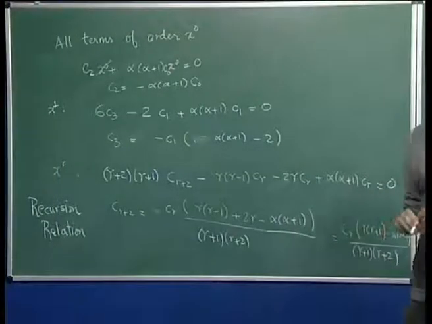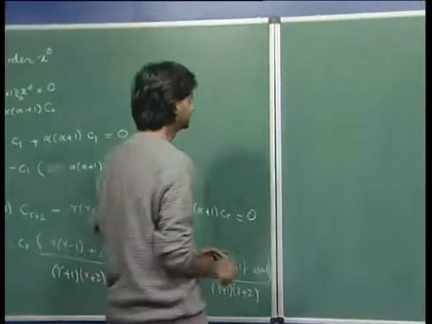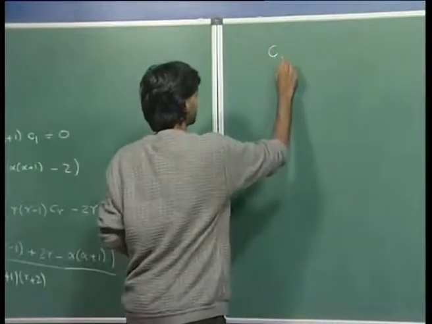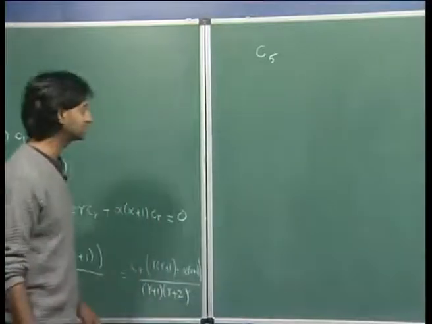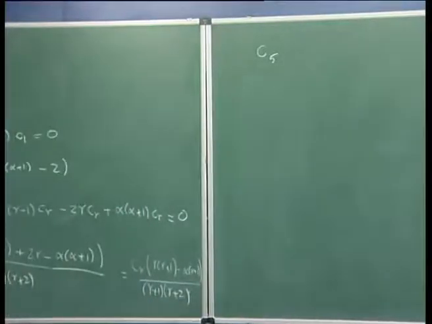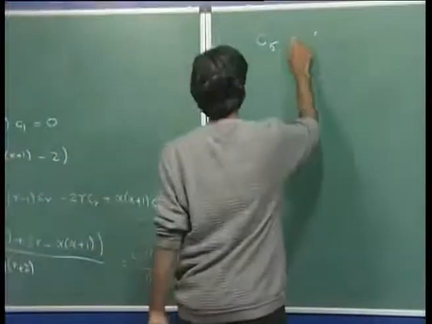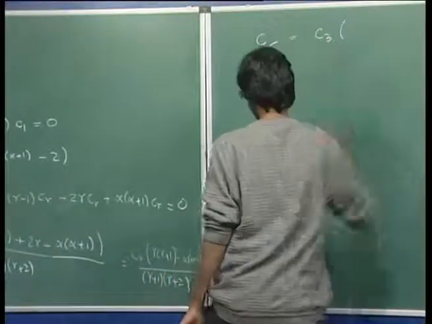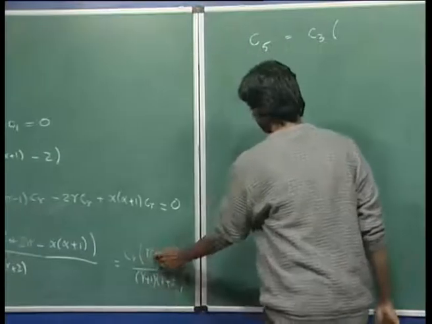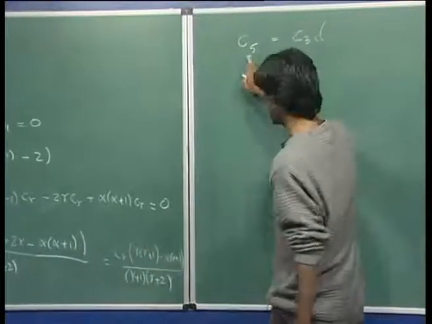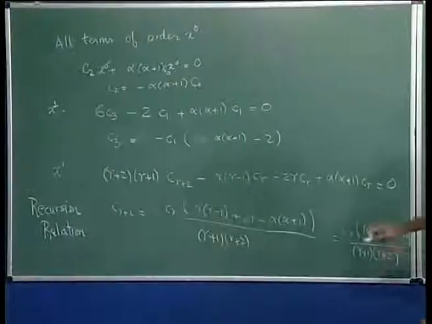Okay. So, suppose you want to calculate C5. What you will do is you will write this recursion relation, you will write it in terms of C3. So, r plus 2 is 5, so r is 3.